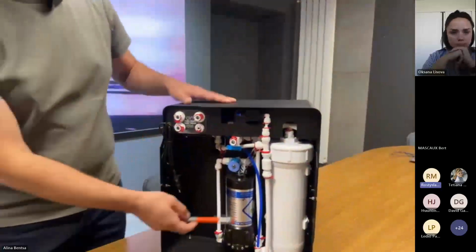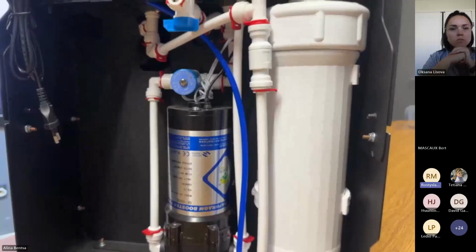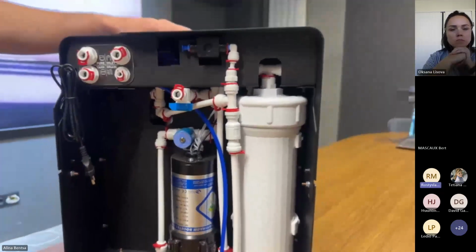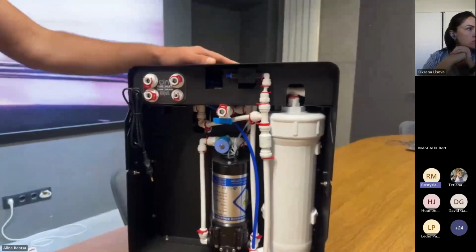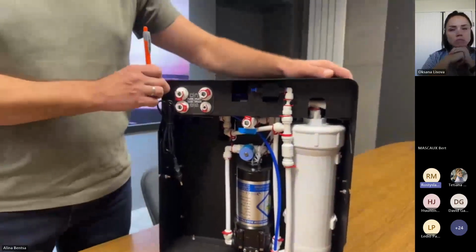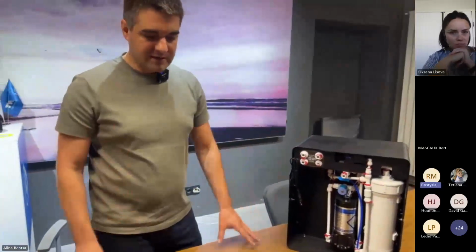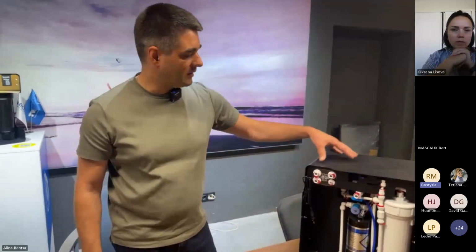So we have installed a higher capacity booster pump with the flow rate of 600 GPD. And when we also started working on the new design, we discovered that we can do it with less space. So basically, we decreased the footprint of the Robust 1500 by roughly 20%.